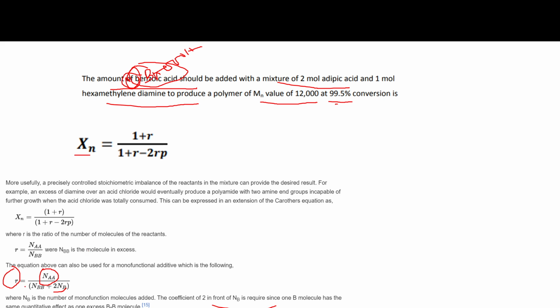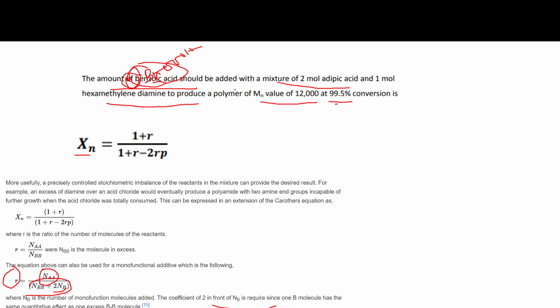The relation between the reactivity ratio and the monofunctional impurity is a ratio of the number of moles. If you add the acid as the monofunctional impurity, the amine goes above, and below will be the total number of acid involved in the reaction.